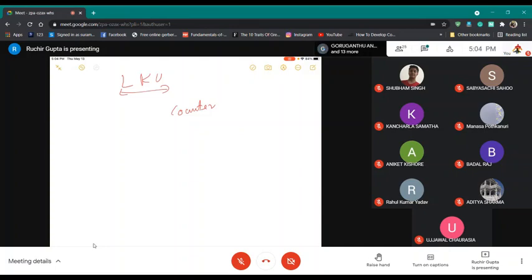So for example, we are talking about a 4-block set associative cache.